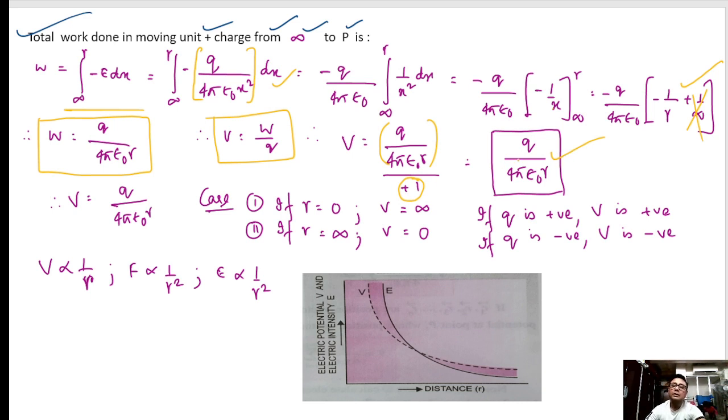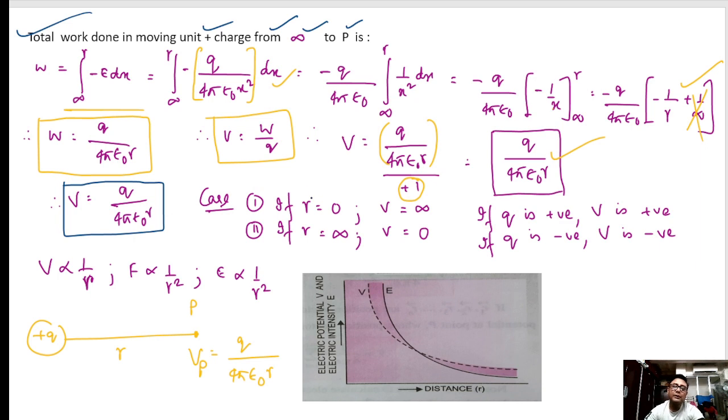Please remember, if there is a positive charge, at a distance R the potential will be Q by 4 pi epsilon O R. So this is the relation for the potential due to a charge Q at a distance R.